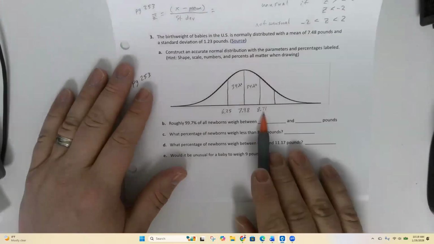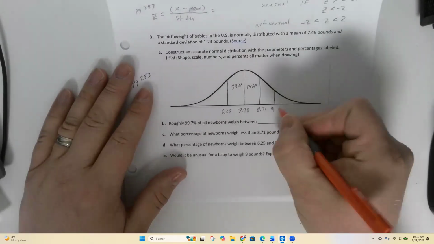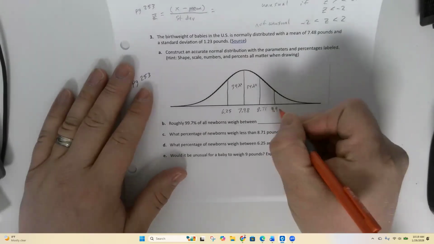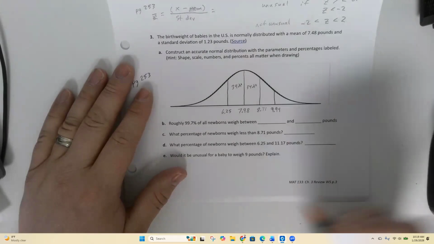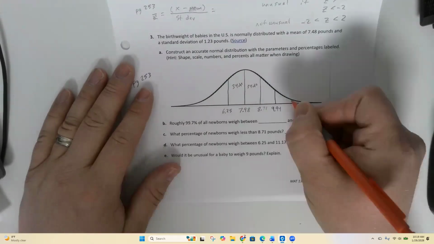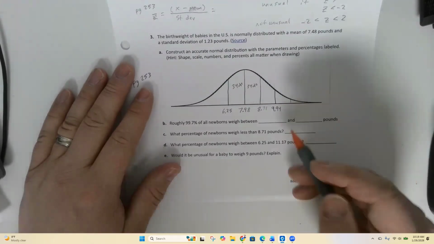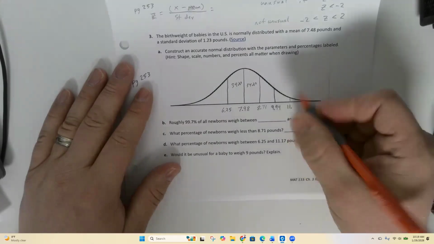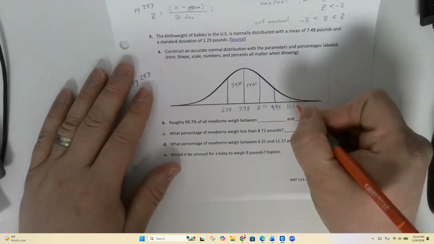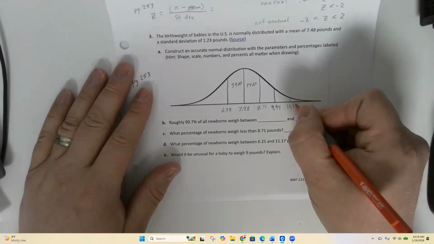You add 1.23 again, so 9.94, and add 1.23 again, you get 11.17, okay?